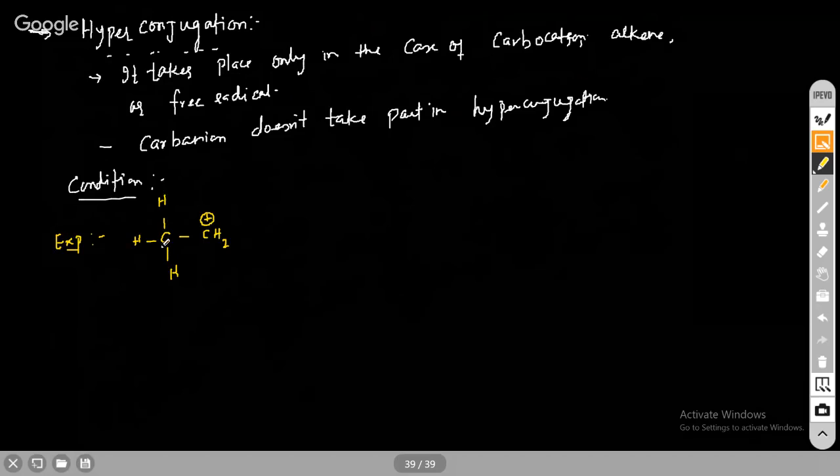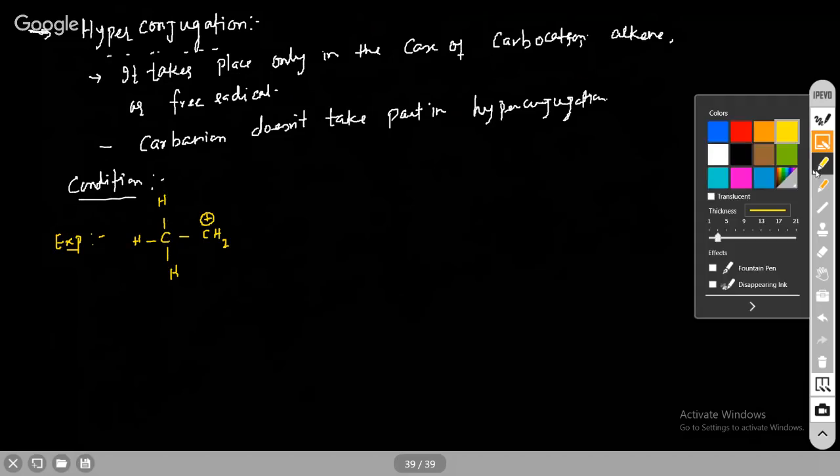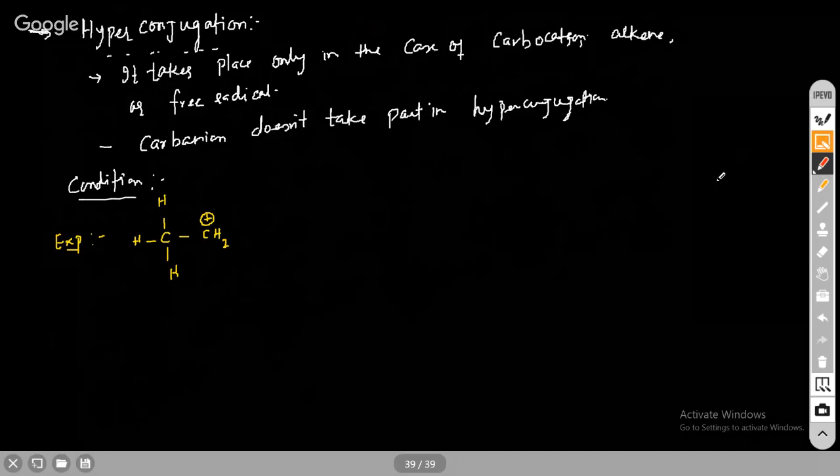It is given that an sp3 hybridized carbon with at least one hydrogen must be connected with a positive charge carbon, double bond or free radical, right? So you see this one, this is the positive charge carbon. This carbon is sp3 hybridized, right, which has 3 hydrogens. The condition is at least one hydrogen it should have, right? This is the alpha carbon also. So in the condition you can also write sp3 hybridized alpha carbon.